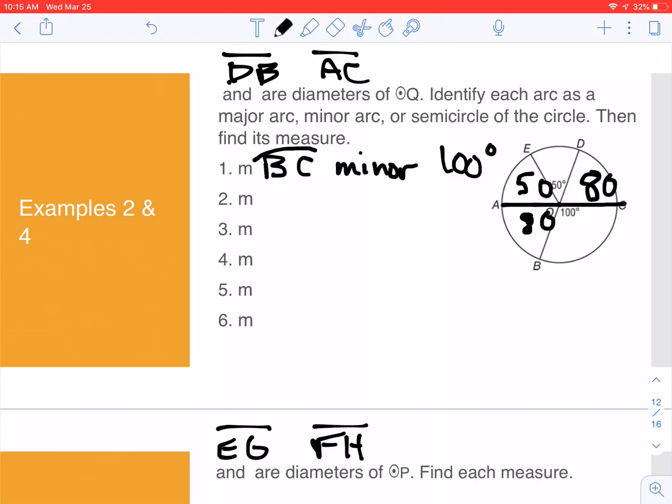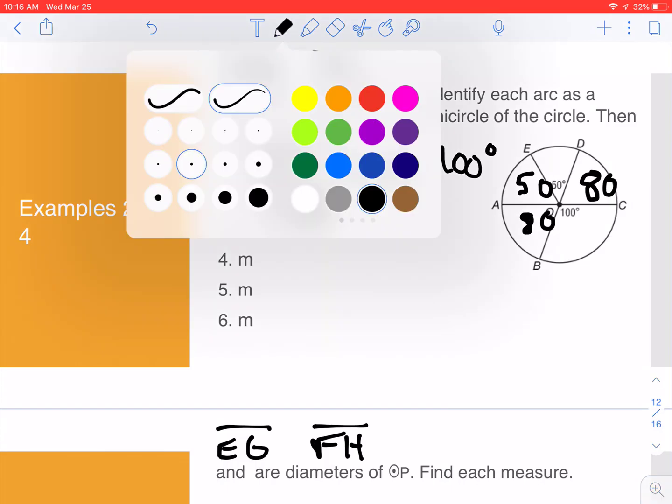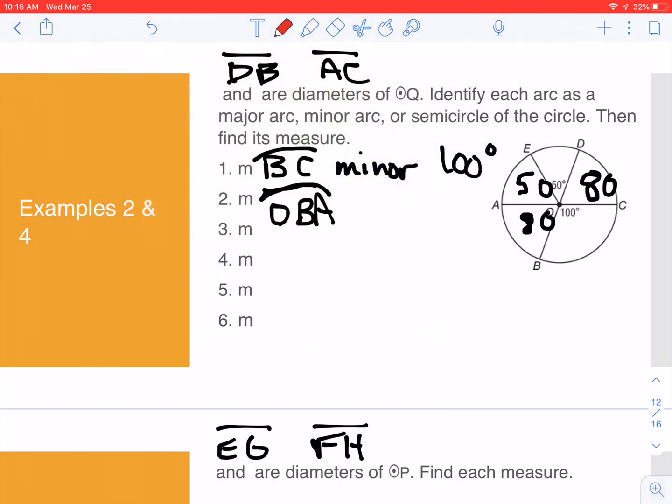Okay, let's find arc DBA. So DBA, I'm going to erase the middle part here. Okay, DBA, and I'm going to change my color to red.